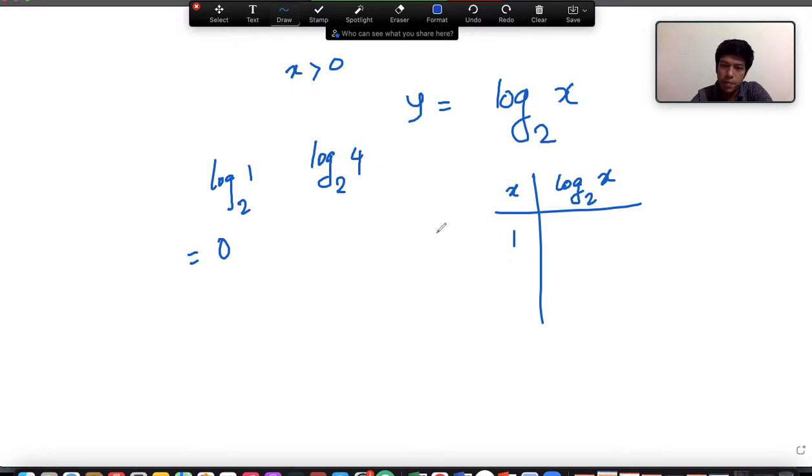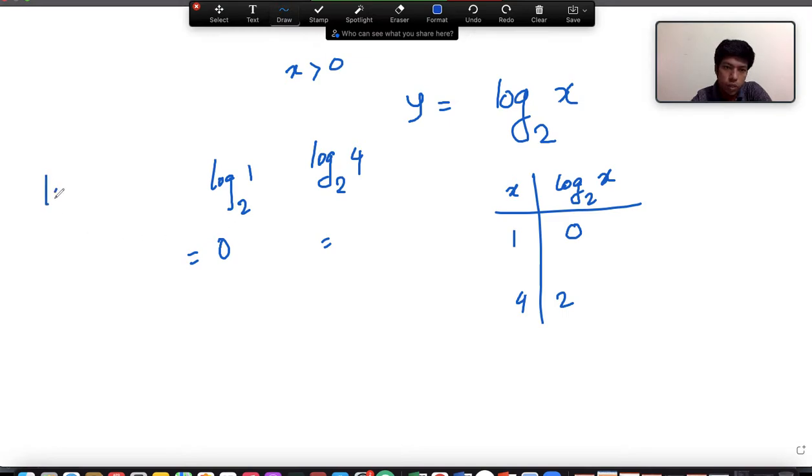The answer is 2, because 2 to the power 2 equals 4. Here, what power of 2 will give us 1? Actually 0, because 2 to the power 0 equals 1. That's why it is 0.